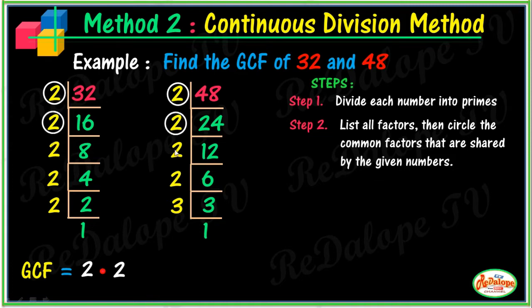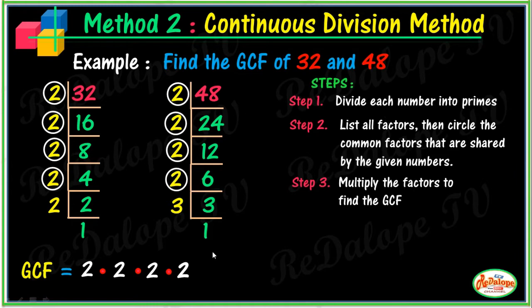And the next common factor, so we have 2. And the last common factor that's shared by the two numbers is simply 2. And then to find the GCF, we will multiply the factors. So 2 times 2 times 2 times 2. So the GCF of these two numbers is simply 16.